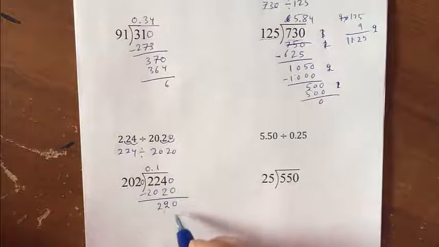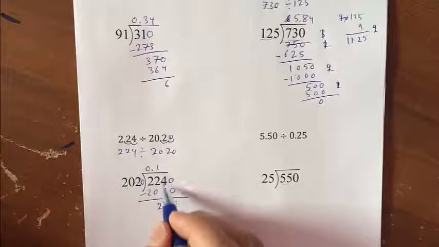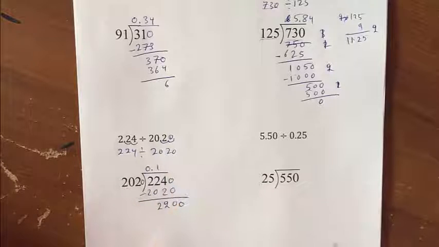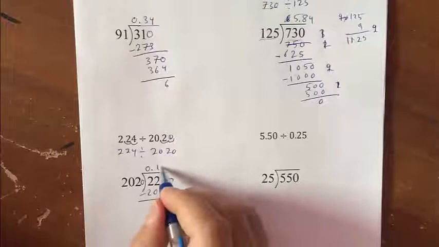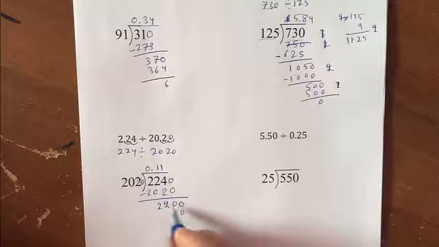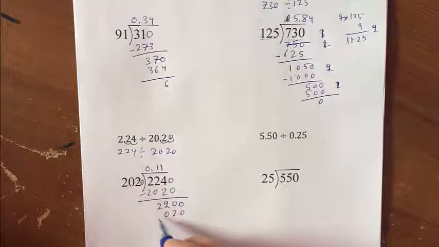Again, now this is smaller than 2020. Because we added a decimal, we can add a 0 here without doing anything in the quotient. Again, 1 will go into that, so 1 times 0 is 0, 1 times 2 is 2, 1 times 0 is 0, 1 times 2 is 2.